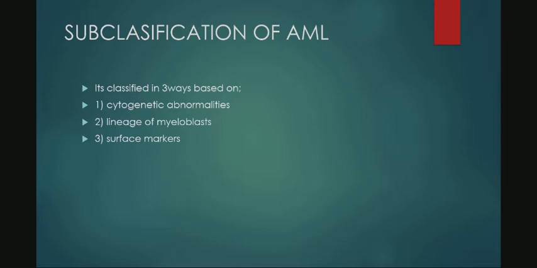The second one is based on the lineage of the myeloblast. And the third one is the surface marker. So here I will specifically focus on the classification based on the cytogenetic abnormality and the one based on the lineage of the myeloblast.